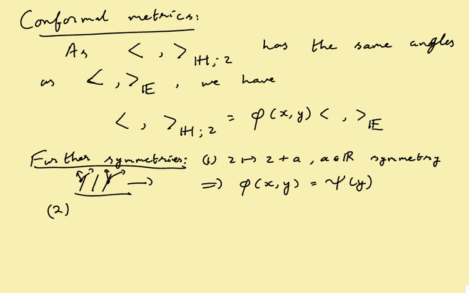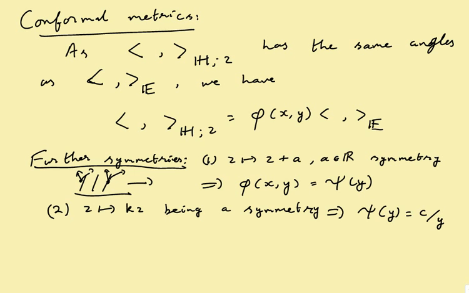And then secondly, z goes to kz being a symmetry implies that phi of y is some constant over y squared. Let me justify this. Let's take any point and look at a vector here. Now kz takes it to another point above and a much bigger vector, much bigger in the Euclidean sense if k is large.